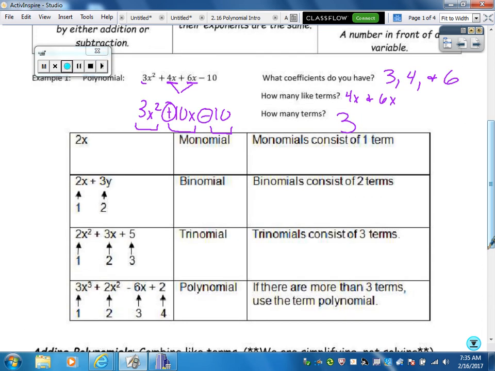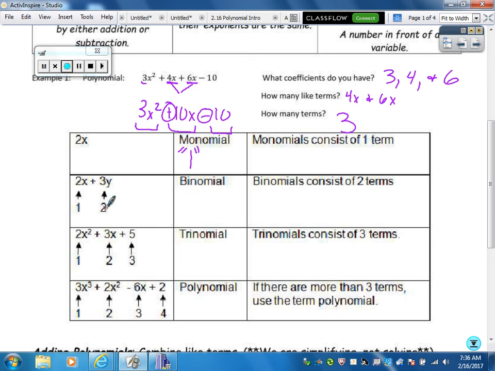The reason we're talking about all that is because polynomial is a very broad name, just like polygon. But inside of polygons, you have triangles and quadrilaterals and pentagons and hexagons and octagons and decagons. They have more specific names for specific amounts of terms. So if I only have one term, I have a monomial. Remember, mono, like monocle, means one.